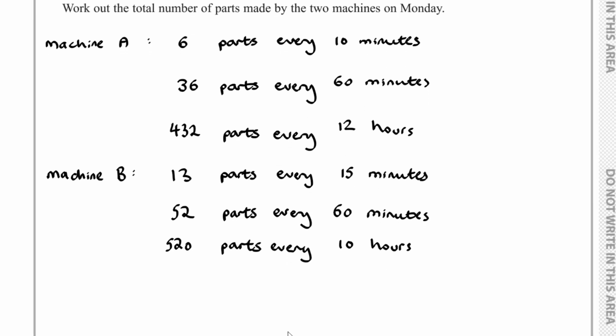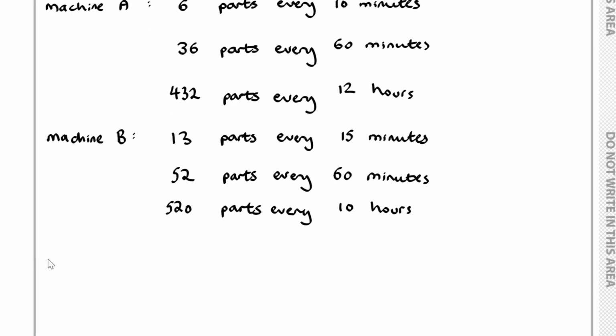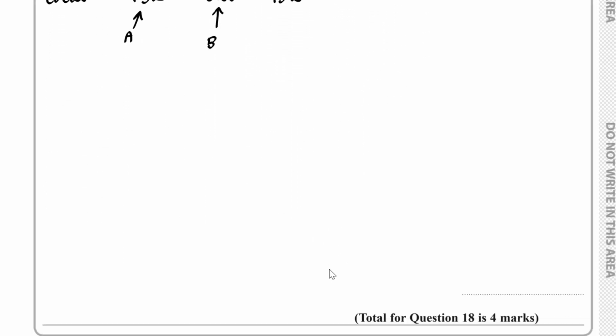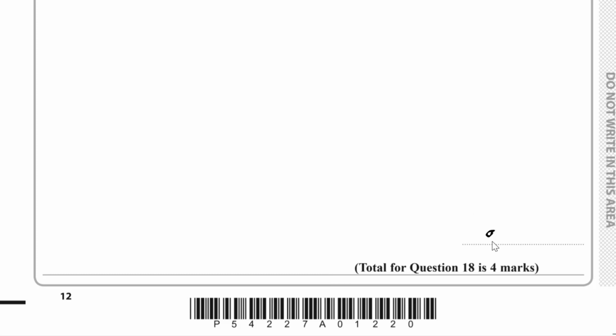And that's for Machine B. And therefore, the total number of parts is equal to 432, which is Machine A, plus 520, which is Machine B. So it turns out we get 952 parts in total. Okay, so therefore we have 952.